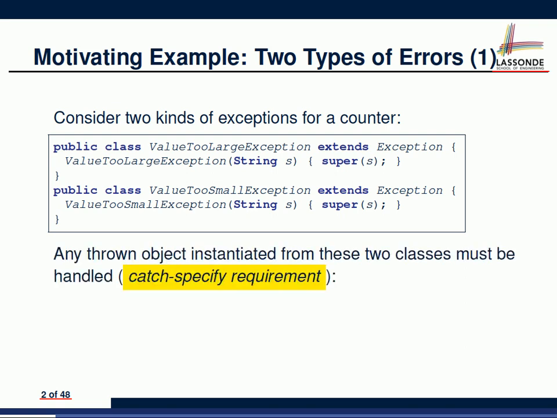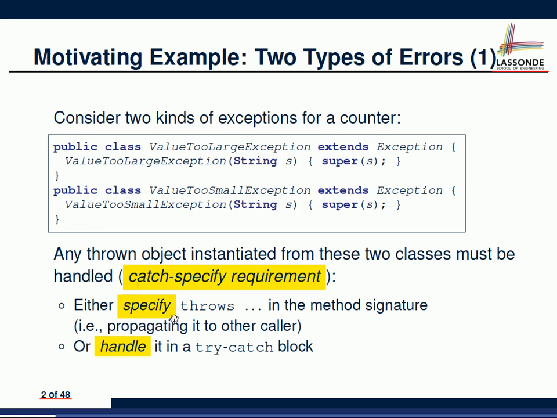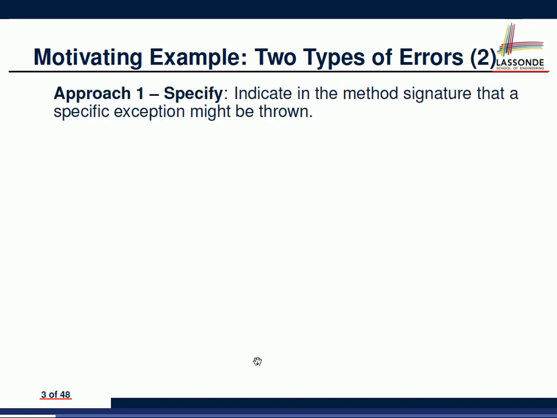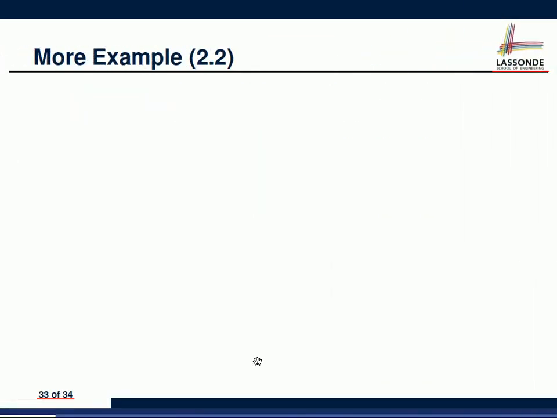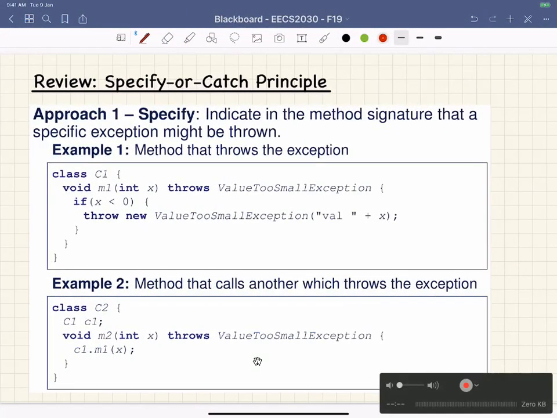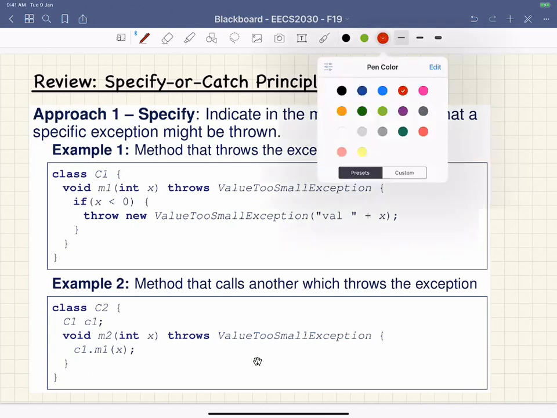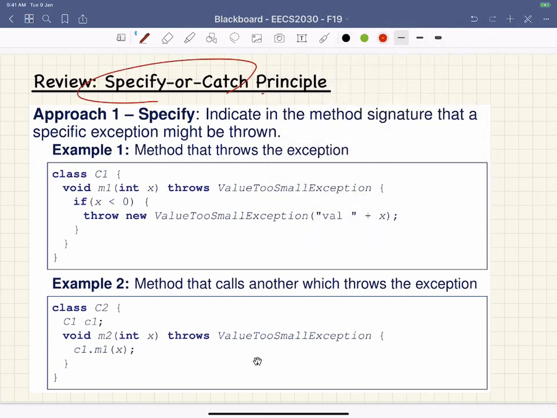And then we have to remember the catch or specify requirement. So now, either you have to specify throws, or you have to catch in a try and catch block. That's a very quick review. Whenever you specify, that simply means beside the method, you simply declare throws.